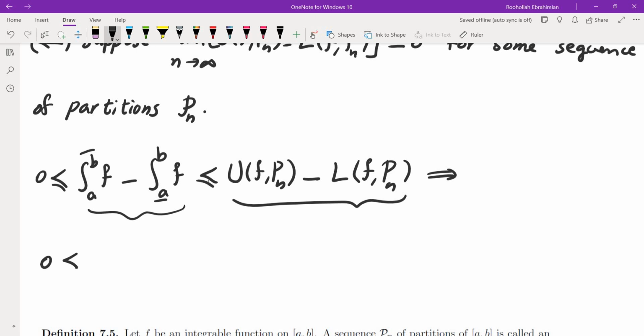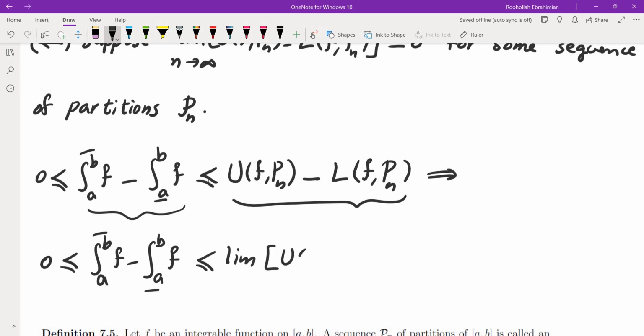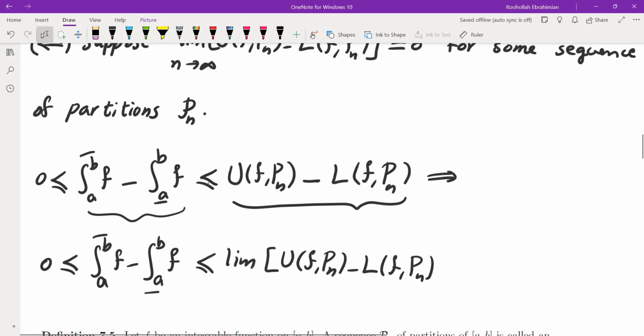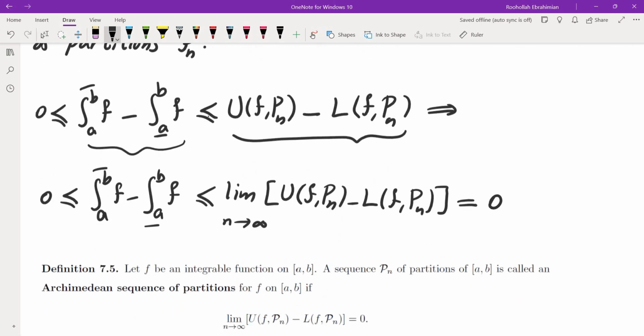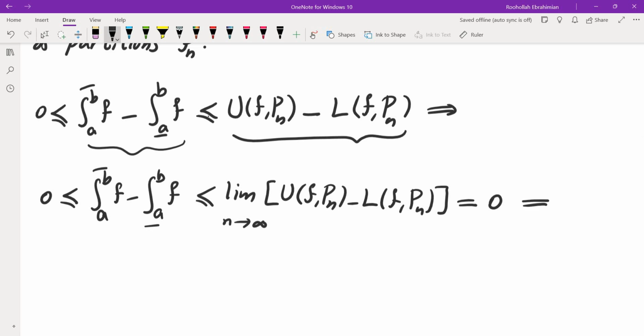So that means 0 is less than or equal to the upper integral of f minus the lower integral of f, which is less than or equal to the limit of the upper sum minus the lower sum. But the limit of upper minus lower by assumption is 0. This is a constant, a fixed number that does not depend on n, and therefore it would have to be 0. So the upper integral minus the lower integral would have to be 0, which means f is integrable.